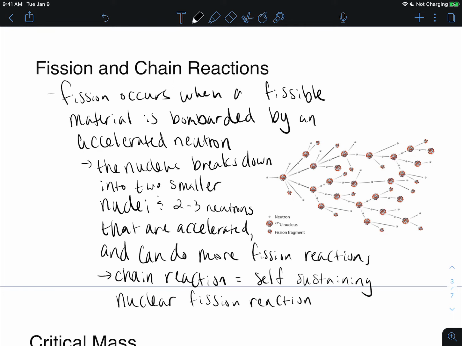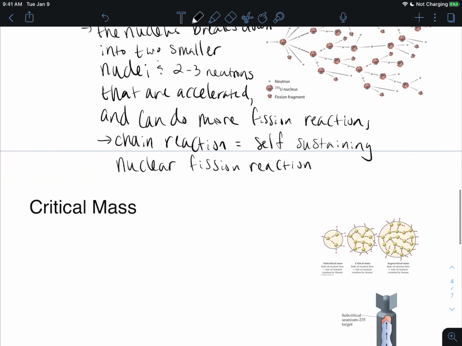As long as we have a massive enough piece of uranium-235, which is actually going to be dispersed through a larger portion of uranium-238, so we don't have too great of a reaction, it will keep going until you use up all of the 235.